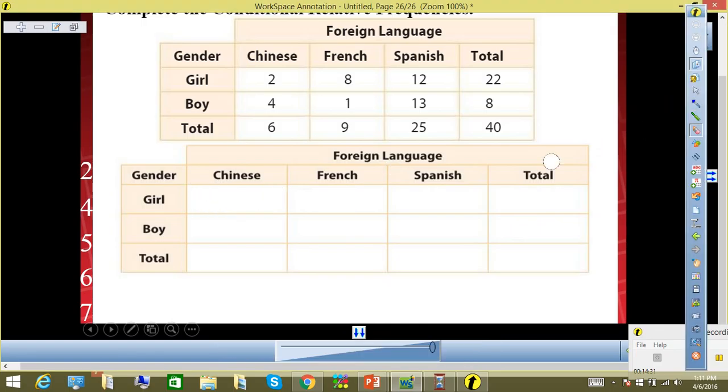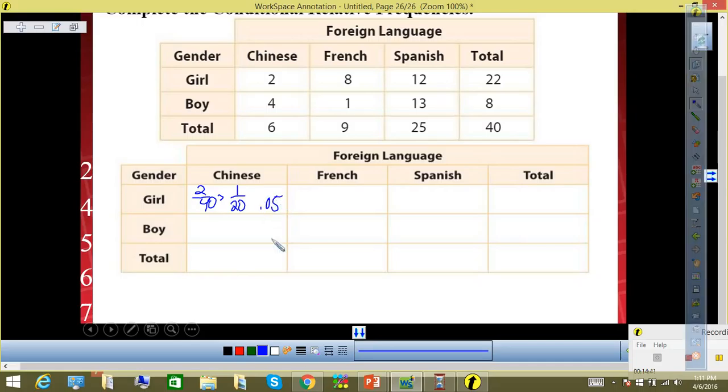Sergio. 2 over 40, which reduces to 1 over 20, which is 0.05. So joint relative frequencies are these in these 6 cells right here. And all of them divided by which one? By 40.